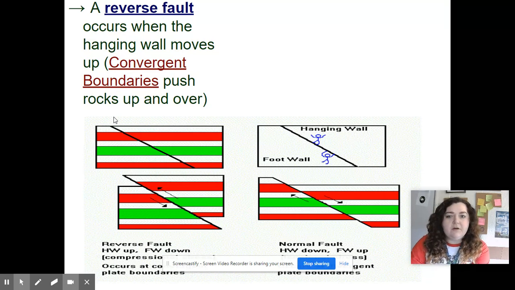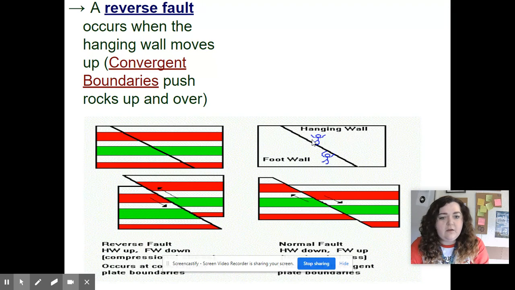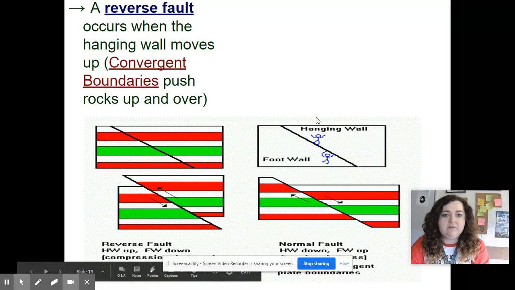A reverse fault occurs when the hanging wall moves up. The hanging wall is going to be this one, and this is the footwall. A good way to remember that is you stand on the hanging wall and you hang on the footwall. It's kind of like opposite. Stand on the hanging wall, hang on the footwall.